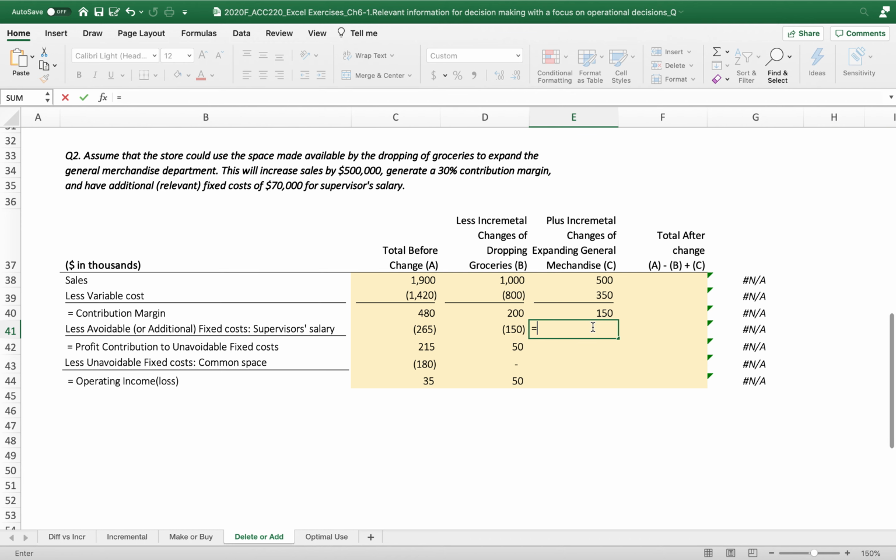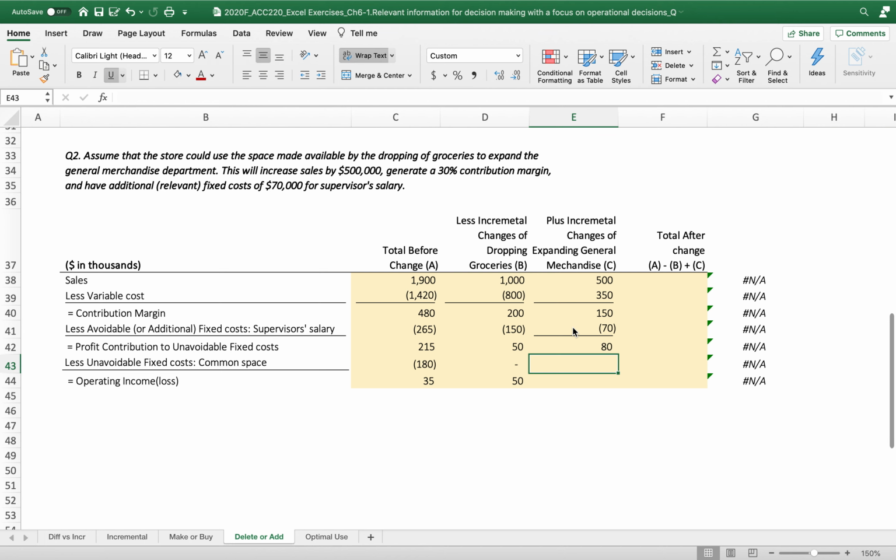And then, what is the avoidable or additional fixed cost? Here we have to put the $70,000 additional fixed cost, the supervisor's salary, when we expand the general merchandise. Then we still have a profit here: 150 minus 70, which is 80.